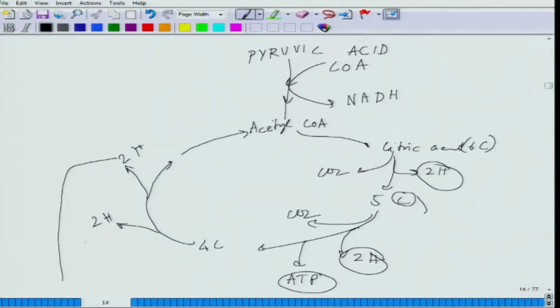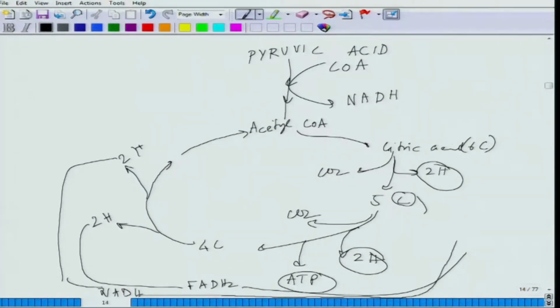All these protons are being picked up by FADH2 and NADH. So, here also NADH, and all these become part of the electron transport chain of the mitochondria.